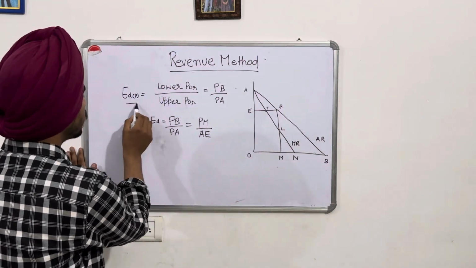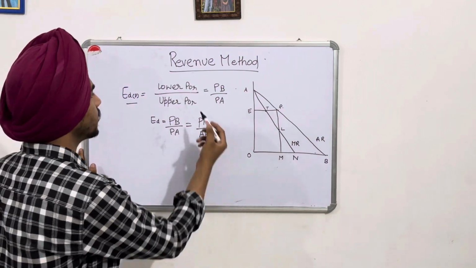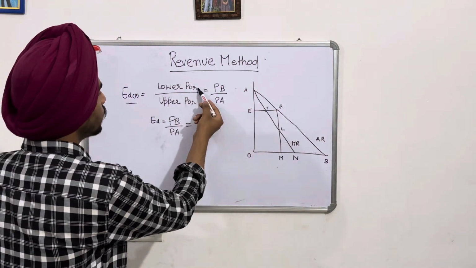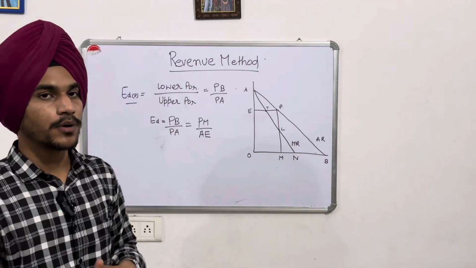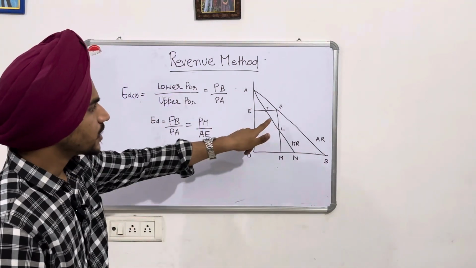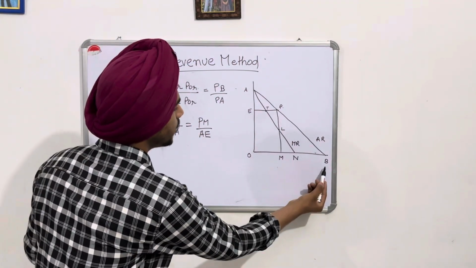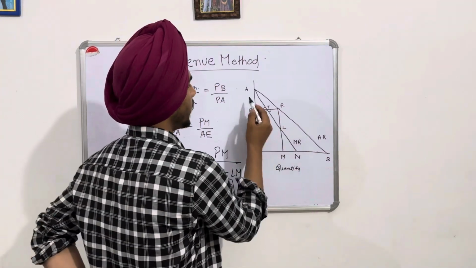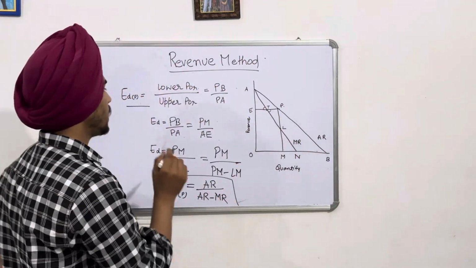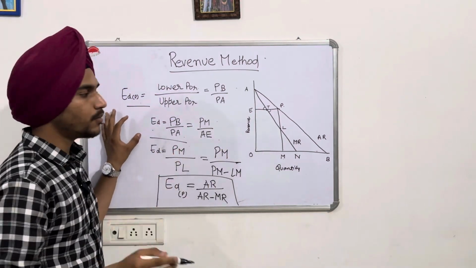We know to calculate the price elasticity at any point according to the point elasticity method, we have to divide the lower portion by the upper portion. Now, if we want to calculate the elasticity at point P, then it will be PB, that is the lower portion, divided by PA, the upper portion. Now, from this we can write it as similar.